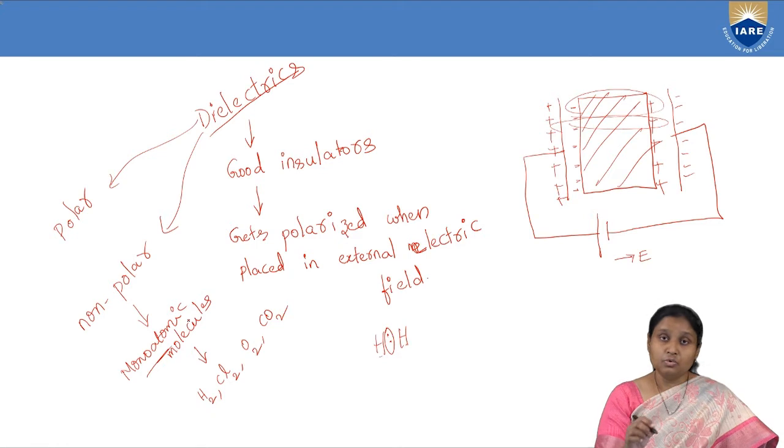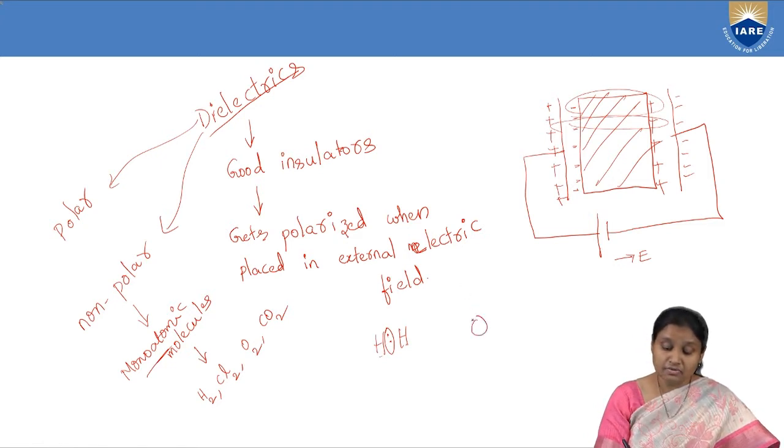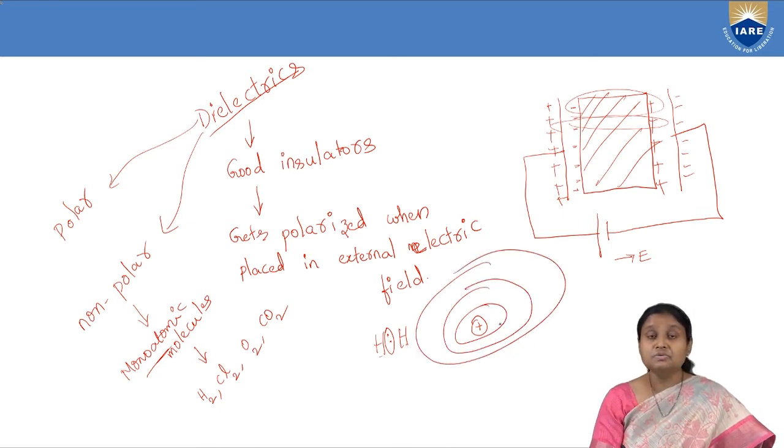And one more thing we can take in order to understand non-polar molecules is that we are saying they are monoatomic, and when we talk in terms of the atom, we know that we have a positively charged nucleus, and electrons distributed in various orbits. So here we have a positively charged nucleus, and then we have electrons distributed in various orbits, and this distribution of electrons around the nucleus is taken as a spherical electron cloud.